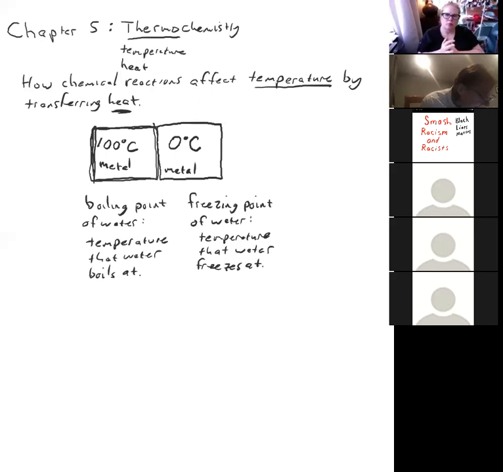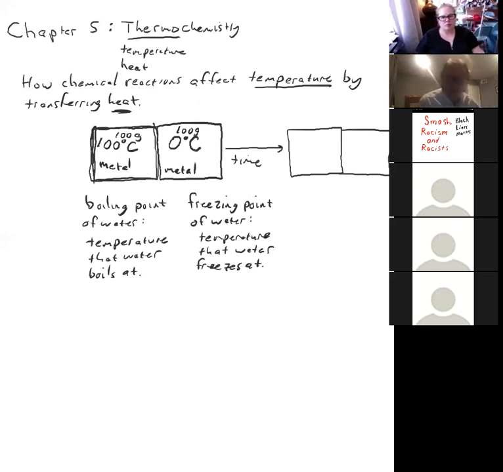Over time, if you observe these 2 metals, I'm going to assume that the masses are the same. Let's say this one weighs 100 grams and this one weighs 100 grams and they're the same metal. It doesn't matter what they are. It could be iron, gold, silver, or copper, but they're the same metal.